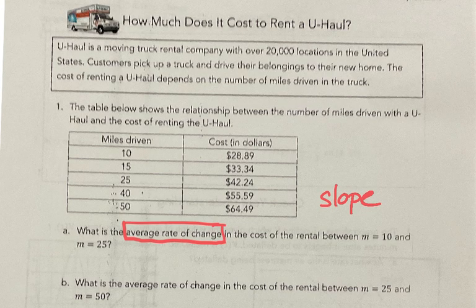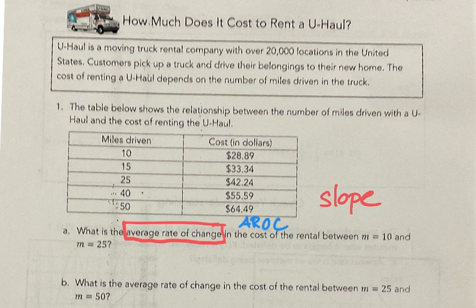You're looking for the slope of the line, the average rate of change. A lot of times in this class, we will abbreviate that to AROC, average rate of change. Okay? That's a huge deal in pre-cal. So if I'm thinking average rate of change, I'm thinking slope.